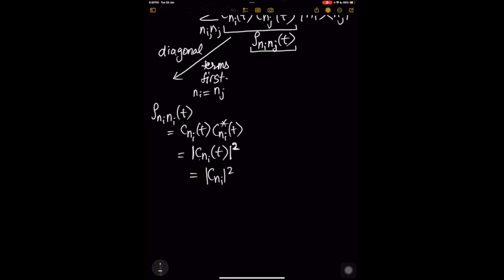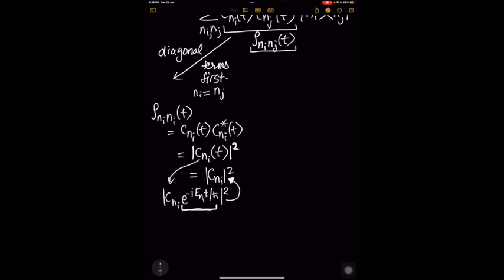Because essentially these coefficients would take on the form c n i e raised to the power minus i E n i t over h bar. And when you take the modulus square of this, you get this. This is how the coefficients evolve in time, but we will not digress into that because that's simple time independent quantum mechanics.